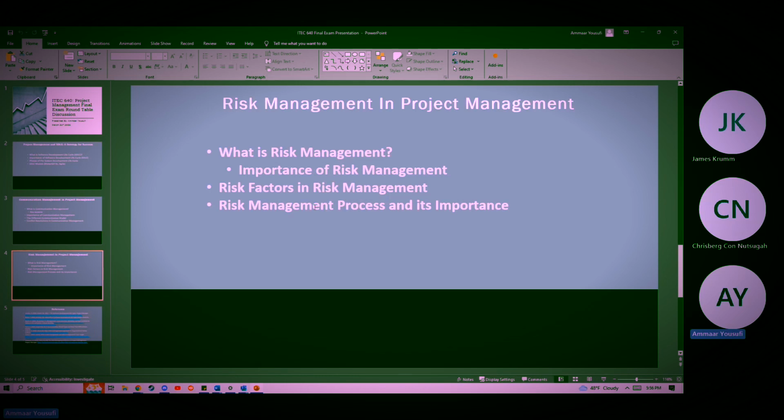So, risk factors in risk management in general. When we speak of risk factors in the context of project management, we're referring to the variables that can contribute to risk within a project. For instance, risk factors could be technical risk, operational risk, project management risk, external risk.